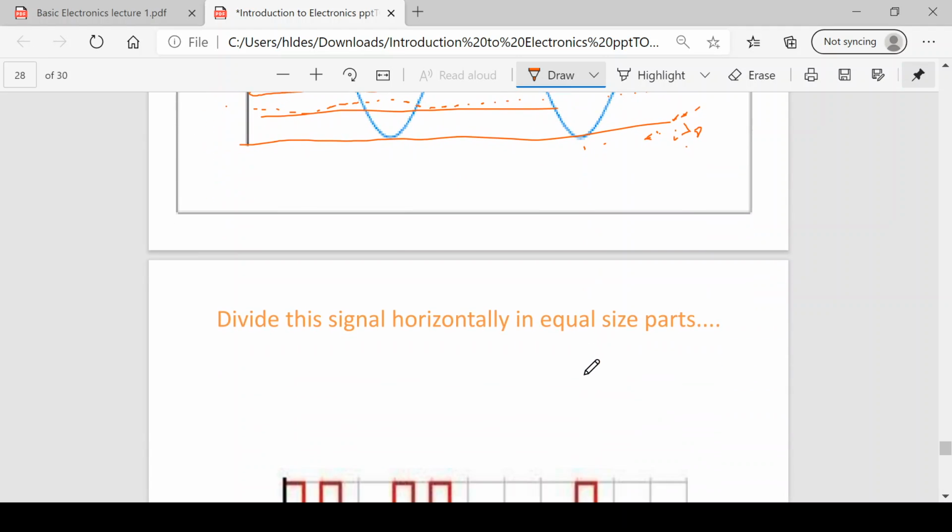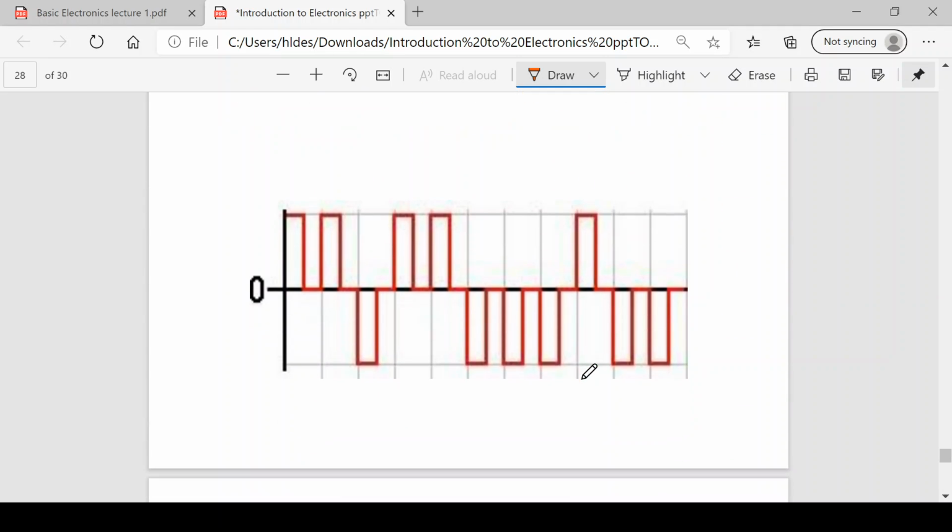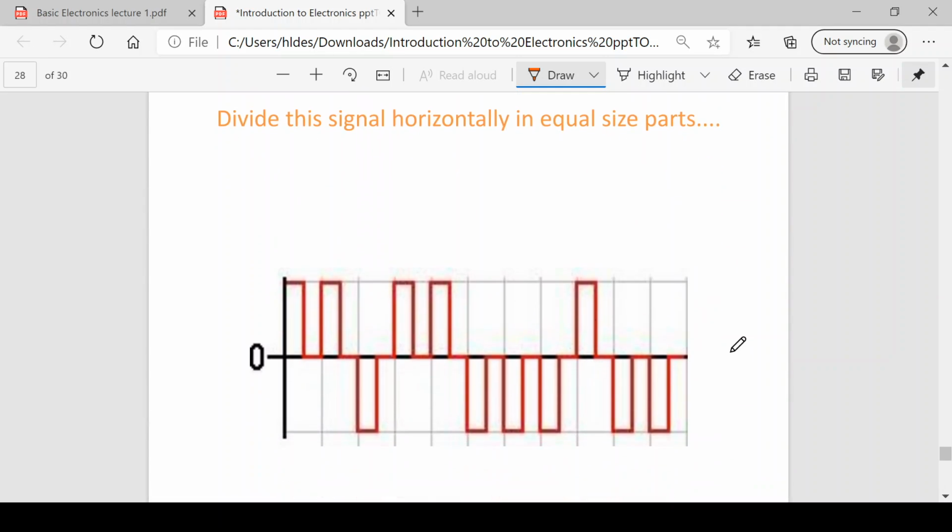Let's go to the next signal. We have to do the same thing. We have to divide this signal horizontally into equal size parts. So suppose you draw a line. Now when the line is crossing, suppose in this particular period, when the line is within this period, what is the signal value?